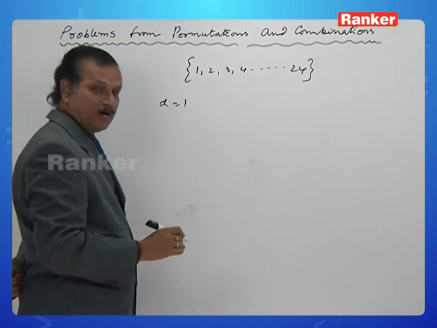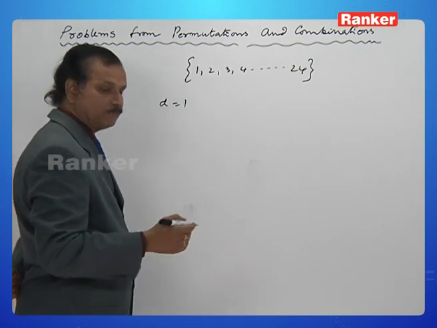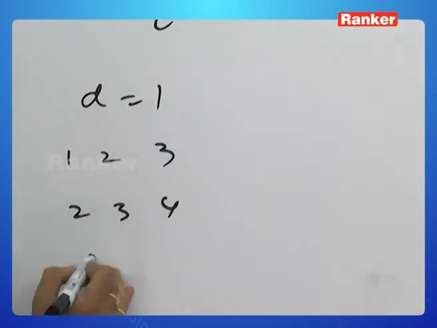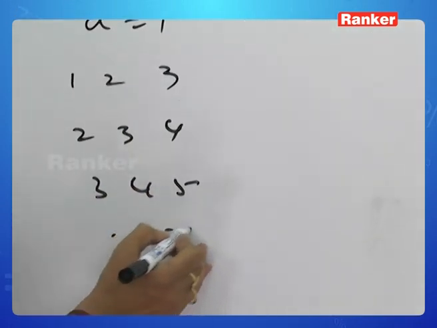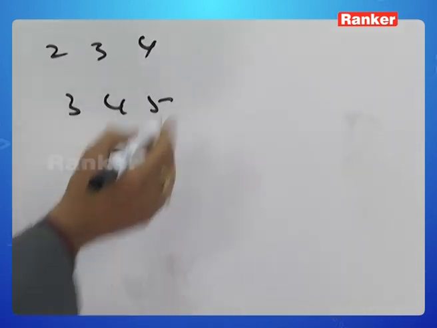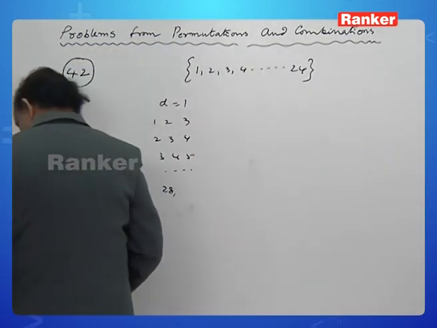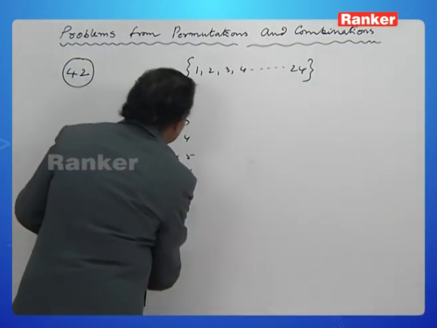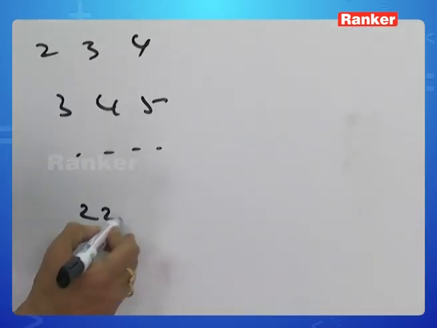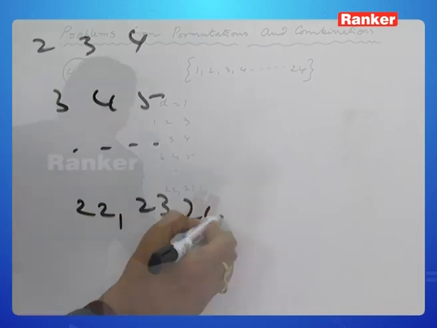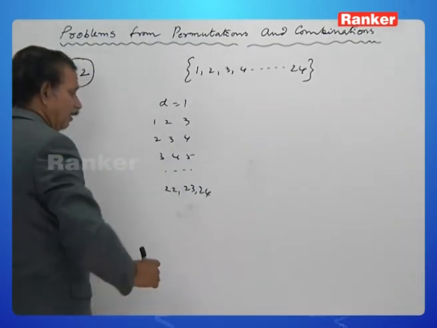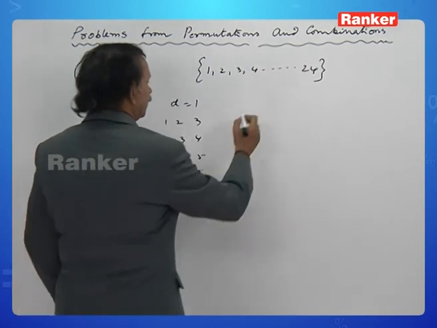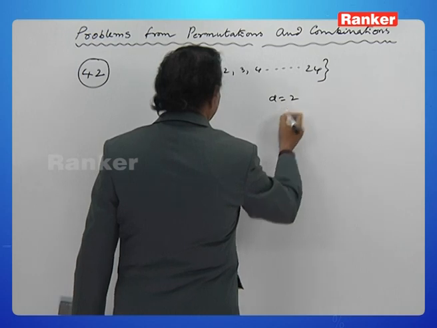If the difference is 1, how can you select 3 numbers? 1, 2, 3; 2, 3, 4; 3, 4, 5; like that. 24 is the last one, so the last triplet is 22, 23, 24. With the difference 1, how many triplets do you have? 22 ways you can choose. If the difference is 2, what happens?